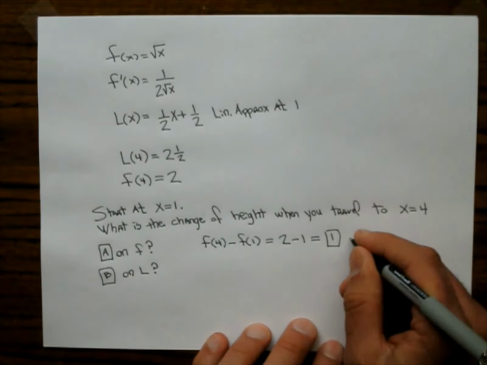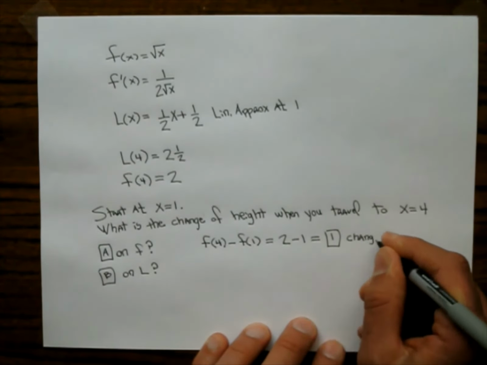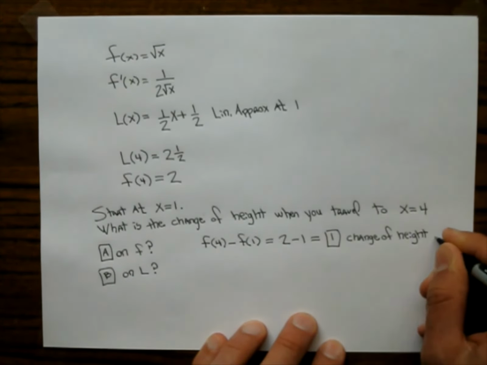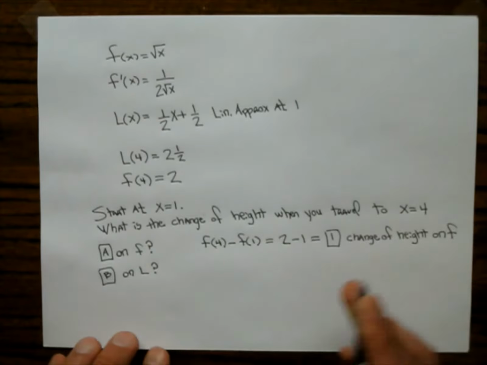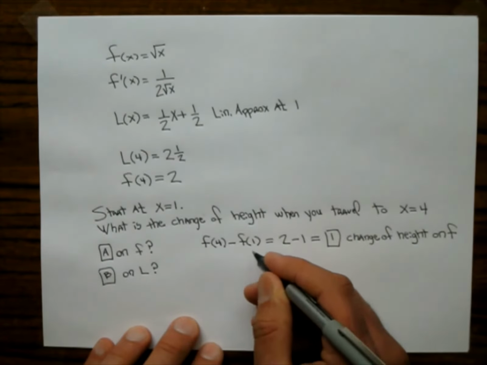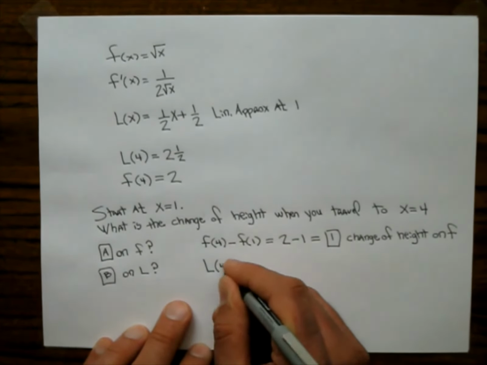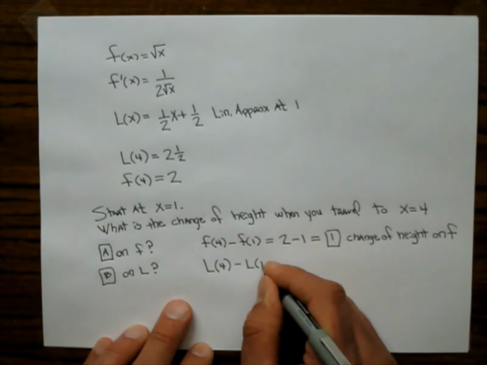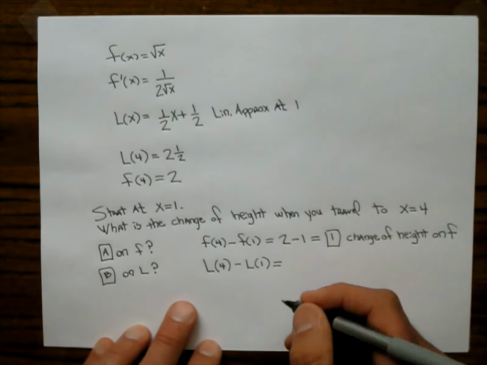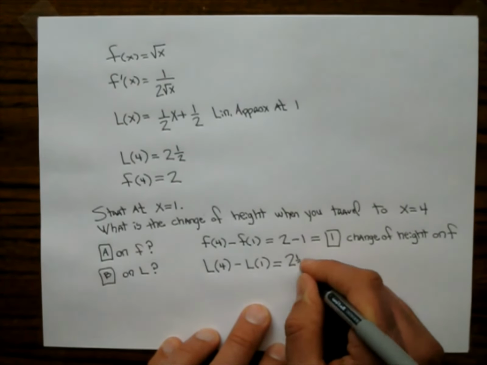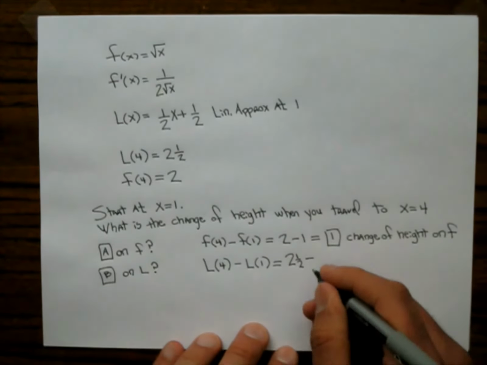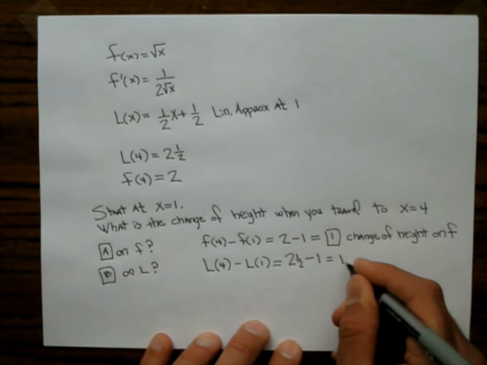And we'll just say this is the change of height on f. Now when I travel on L, instead of going f of 4 minus f of 1, I'm going to go L of 4 minus L of 1. And so L of 4 happens to be, we already did that, it's 2.5. And minus L of 1, 1/2 plus 1/2, that's 1. 2.5 minus 1 is 1.5.